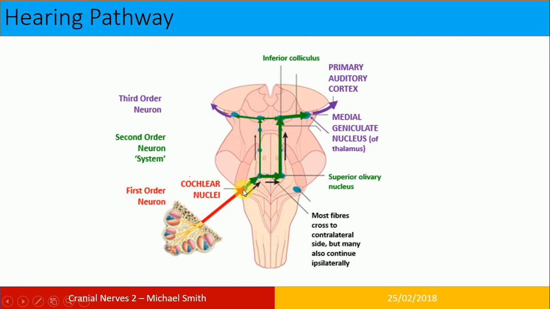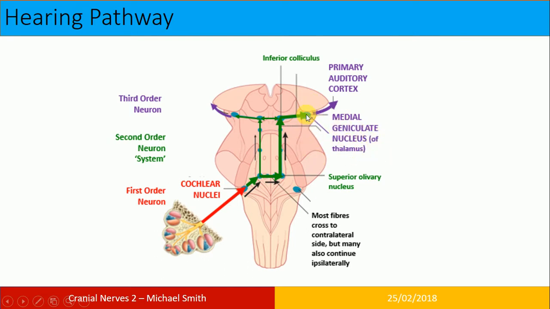This can then decussate to the other side at our superior olivary nuclei, which sit around the olives of the brainstem. And these then ascend and run to the inferior colliculus, which is another relay point, and these then run to the medial geniculate nucleus of the thalamus.